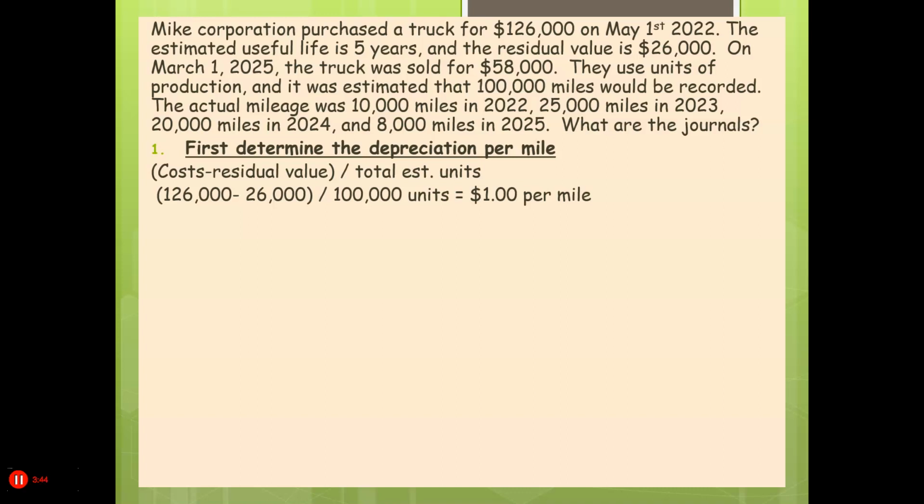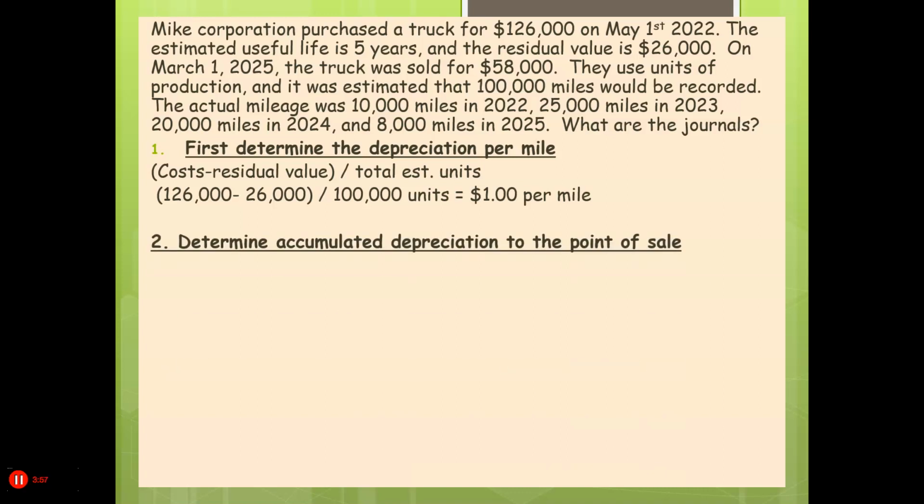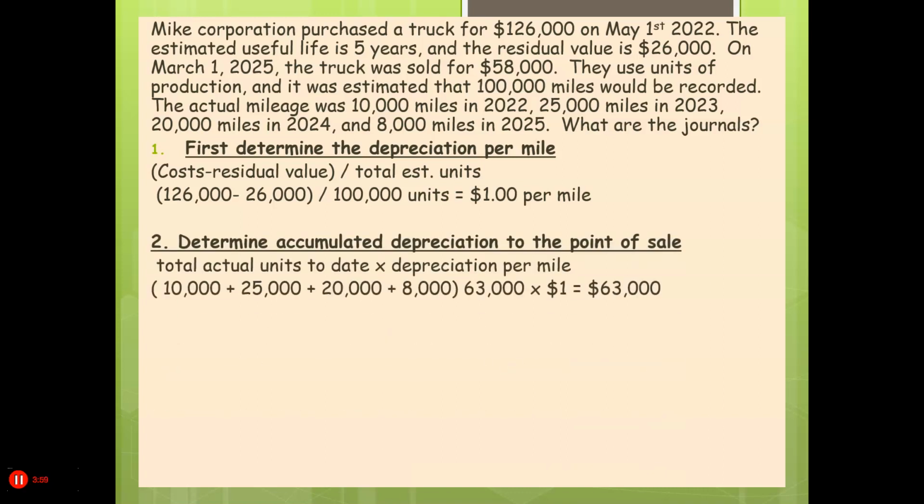So the first thing we want to do is determine what is our cost per unit, which is $1. So we take the 126,000 minus the residual value divided by the total units. Then we're going to add up all the units to date times the $1 tells us that to date we've depreciated 63,000.